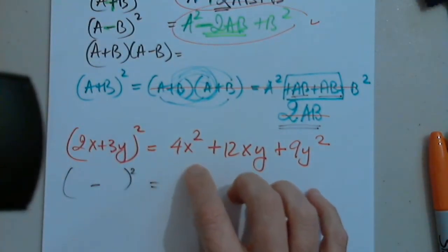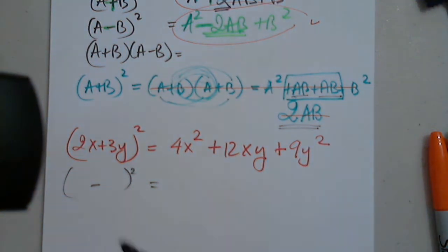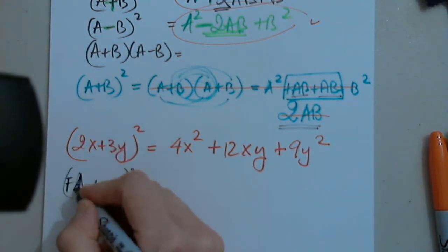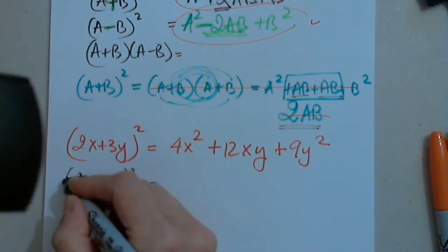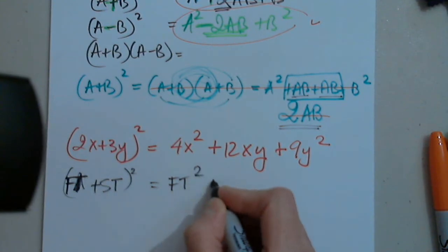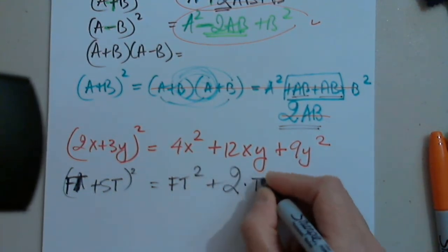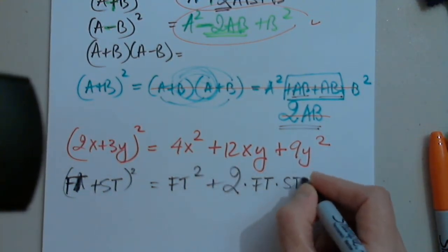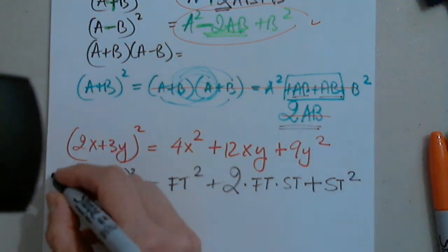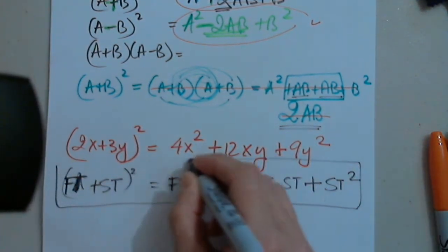Now, is this clear? So one more time, let me write it like this. As the first term, second term, it is the first term squared plus twice times the first term times the second term plus the second term squared. This is all you have to remember.